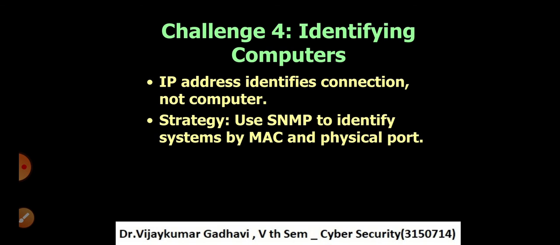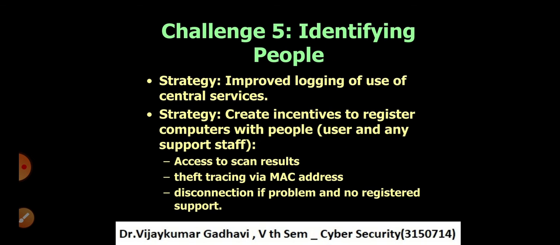Now the next challenge is identifying computers. How to identify your systems: an IP address identifies the connection, not a computer. This is all about network connectivity. Then strategies: use SNMP to identify systems by MAC and physical port, and improved logging of use of central services creates incentives to register computers with people.